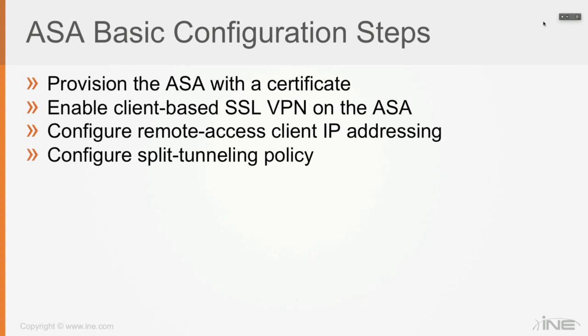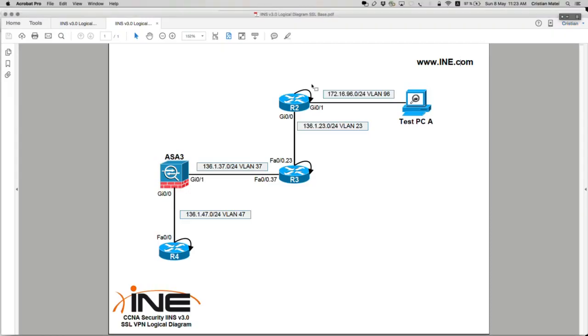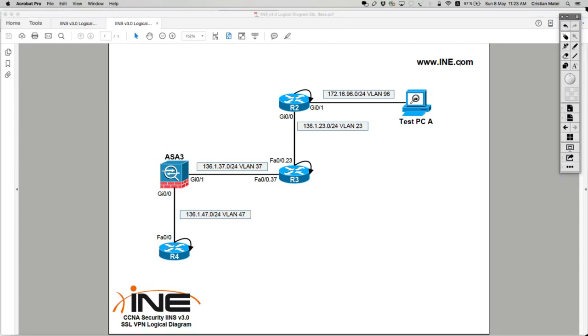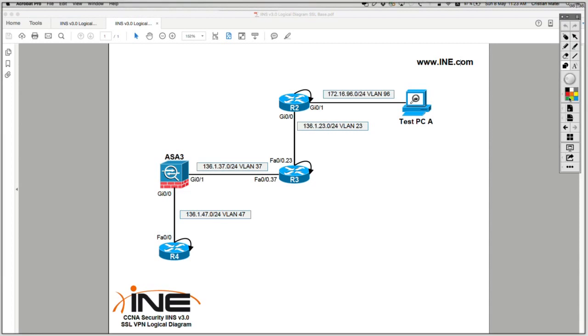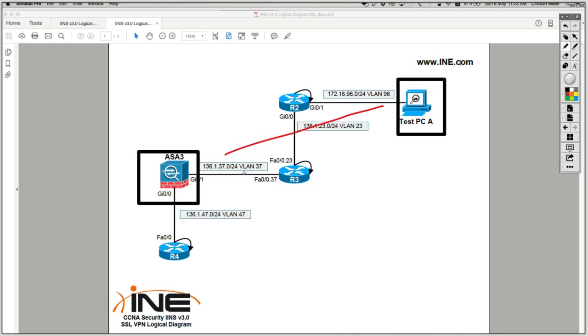Configure split tunneling policy. Now what this means is, like in the case of IPsec remote access VPNs, you have two options: split tunnel all or split tunnel specifically. When the SSL tunnel is being built, split tunneling is exactly what it states. The VPN gateway is going to control and push over to the client what traffic to send to the SSL VPN tunnel.